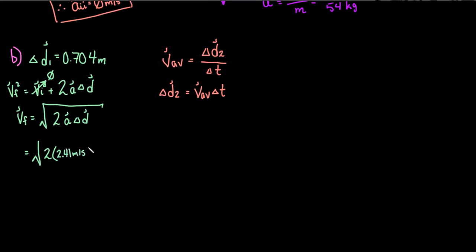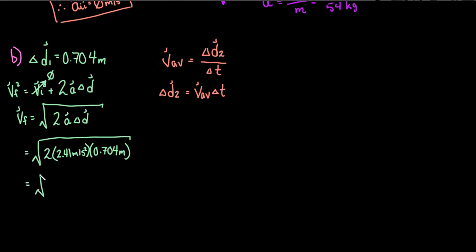So we're going to plug that in as positive 2.41. And then our displacement was also in the east direction, so that also goes in as a positive value. And it was 0.704 meters. Okay.